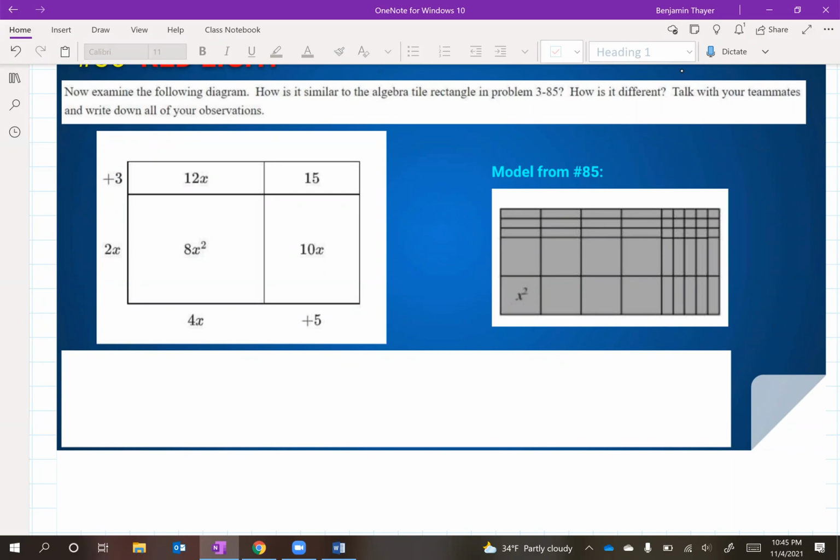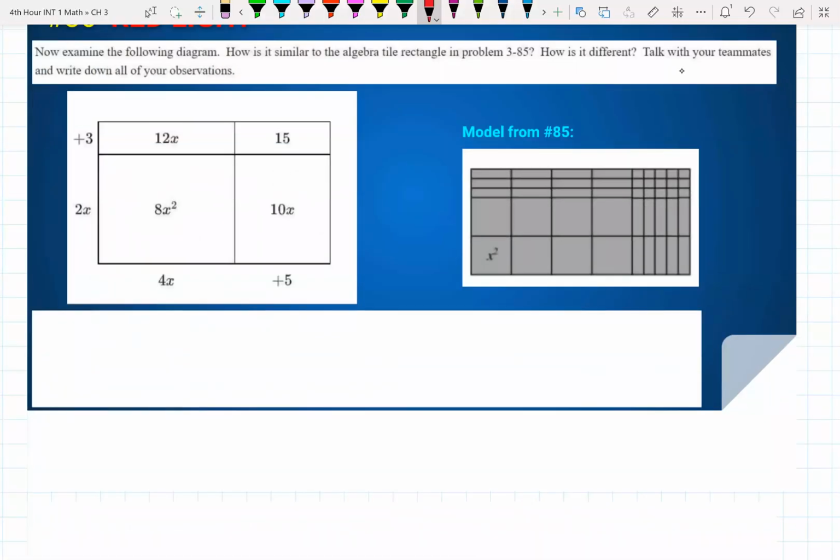The dimensions listed here on the left side, 4x plus 5, are the same as the dimensions of this rectangle made of algebra tiles, and 2x plus 3 is the same as these dimensions on the side. So instead of using algebra tiles, we can use an area model, which is a much simpler picture than having to play with these tiles.